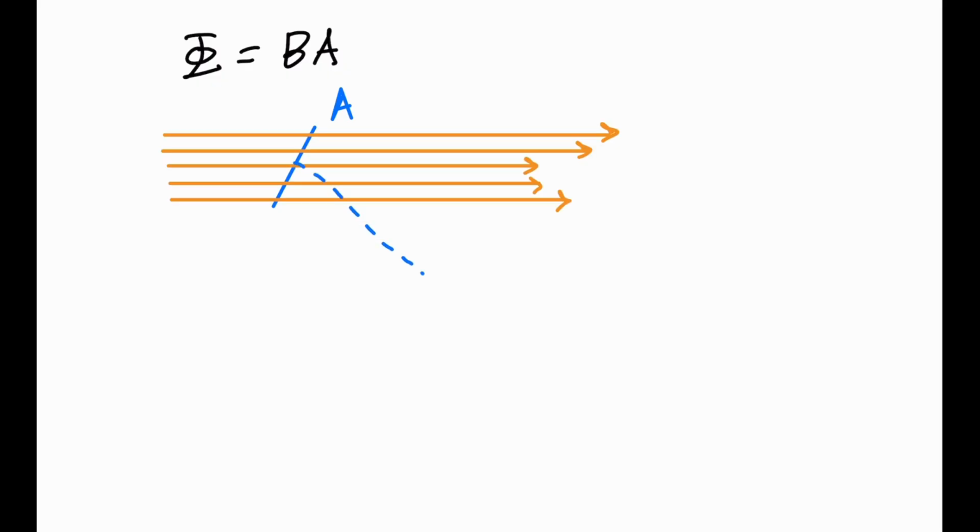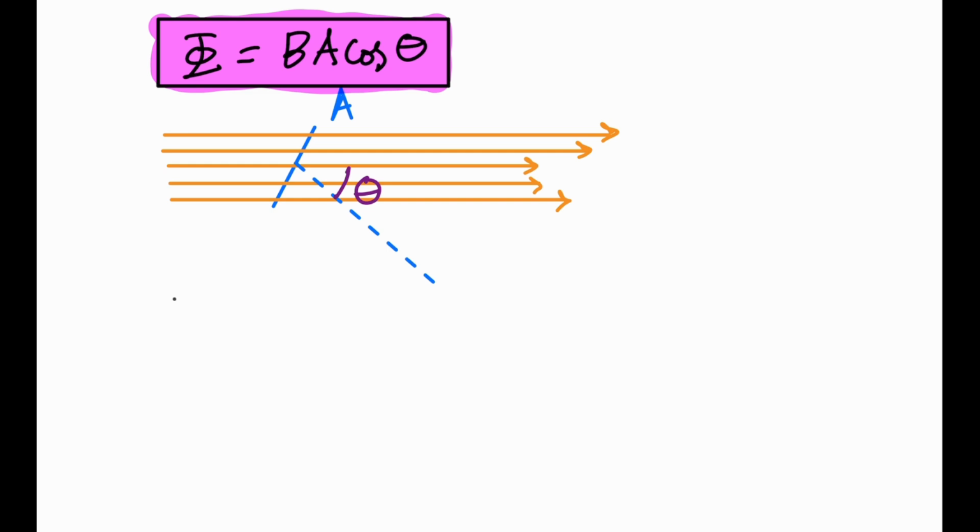For example, the equation from before, which was phi is equal to BA, if we have a coil like this, I'm going to draw in 2D with an area A, you can't really see it because it is facing this direction, so the area is 2D. And we have our field going this way. Now if your coil makes an angle to the field lines of theta, to use this equation now, you'll just multiply BA times cos theta. And now remember the flux linkage equation, N phi is equal to BAN.